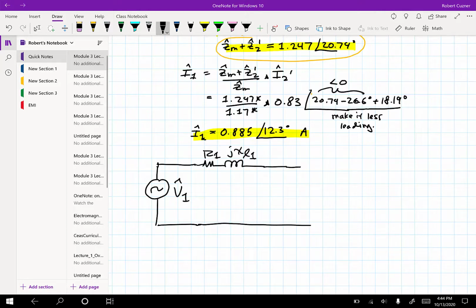Now we could solve this a couple of different ways. Probably the easiest way would be to acknowledge that we've got our magnetizing branch here.